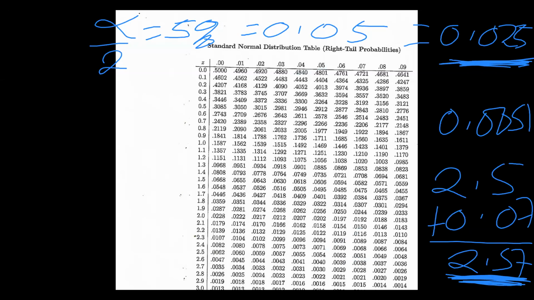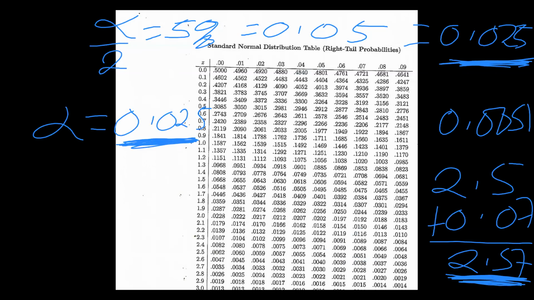That would be your alpha, right? So how do you get the critical value for this area now? I'm teaching you how to get the critical value for this area.